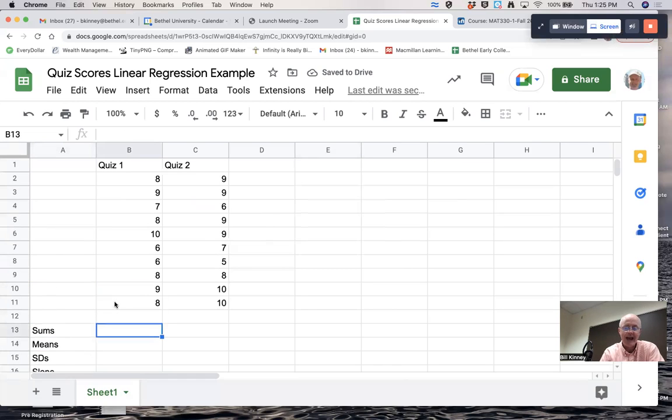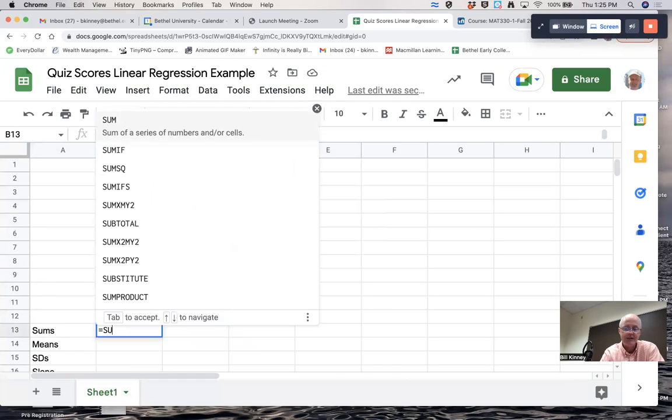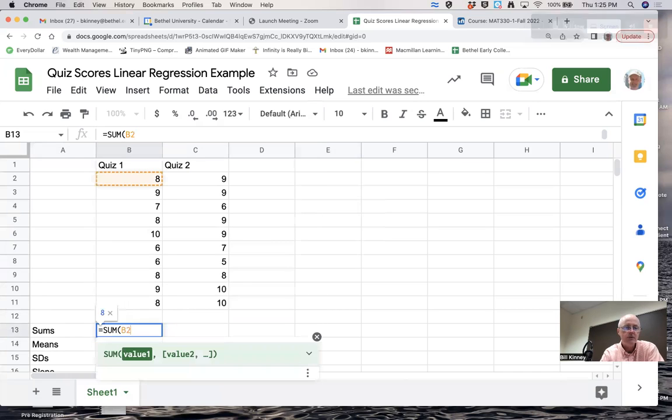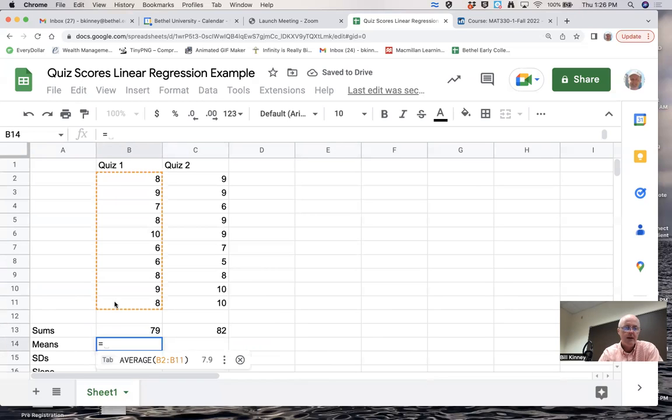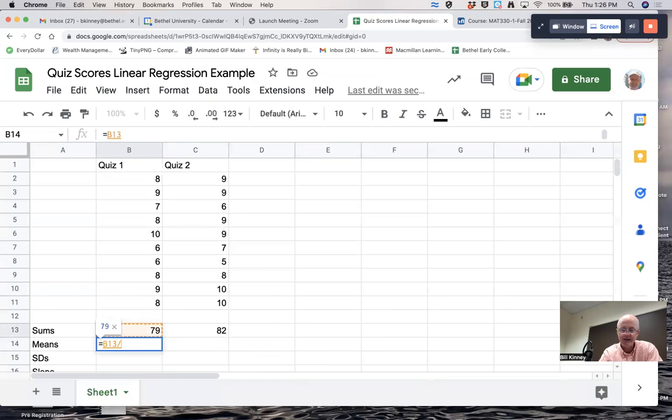For the sums, I'm going to add the numbers up. So I'm going to do equals SUM, B2 through B11 in this case. I did choose n to be 10 here. So the means are just going to be the sums divided by 10. Fake quiz scores here. These are not real quiz scores. N is 10. I will go ahead and just divide this by 10 like that.